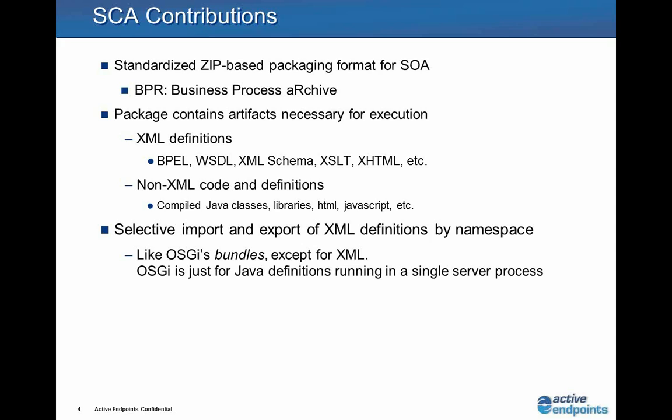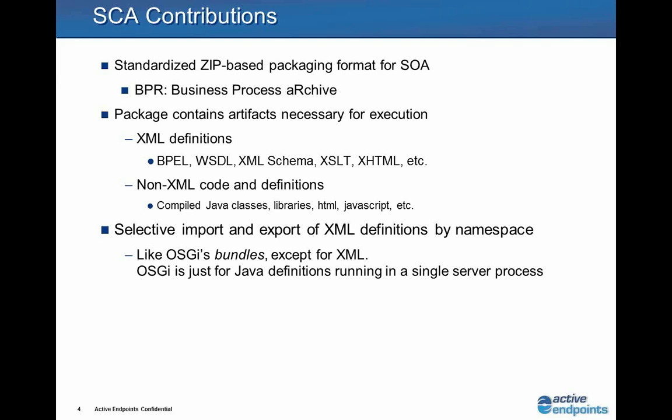That kind of granularity, we didn't think it made a lot of sense. We, meaning when I was involved in the SCA standardization effort, the thought was getting the right granularity for what you're going to say is exported and what you're going to say is imported is about the namespace, not the individual artifact. This is similar for those of you who know about OSGI or have heard about OSGI.